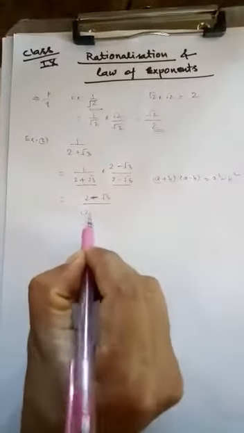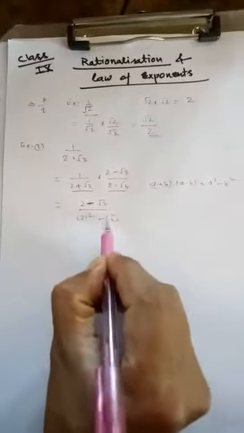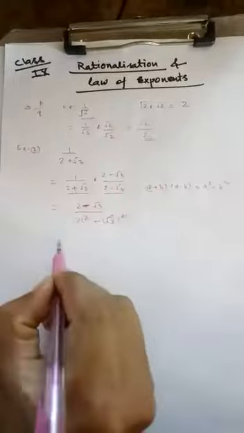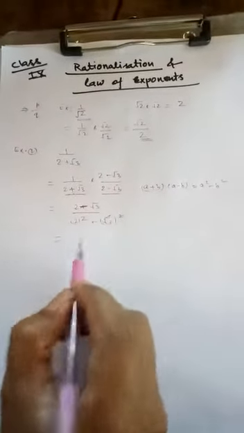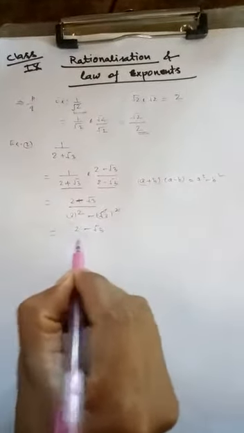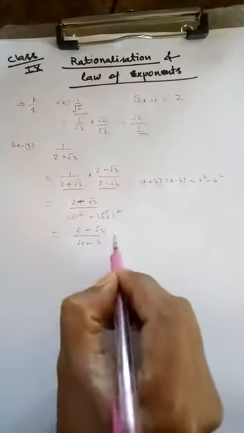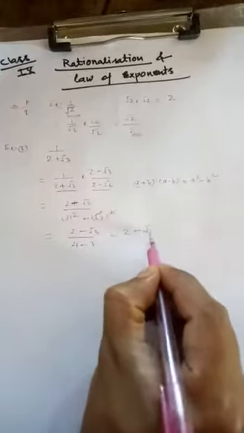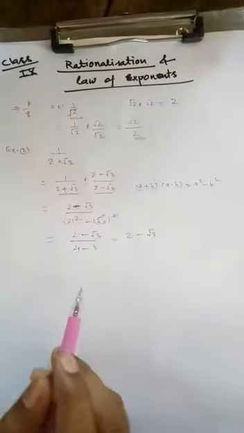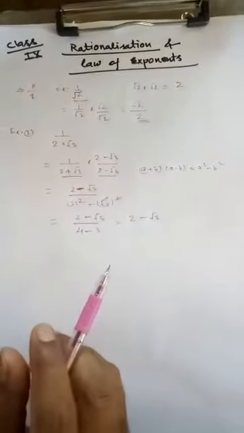So we have 2 square minus root 3 square, and the square and square root cancel. So we have 2 minus root 3 upon 4 minus 3, that is 1. That is our answer, 2 minus root 3. So in this way we can rationalize easily.